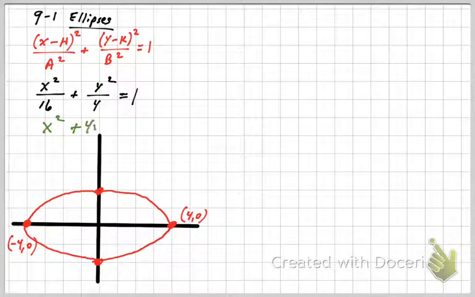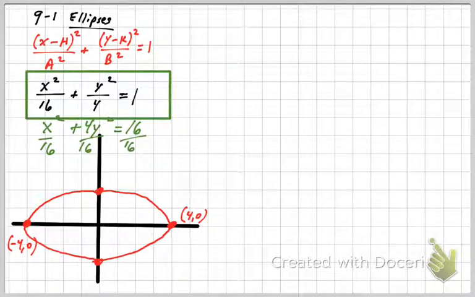X squared plus 4y squared equals 16. That's the exact same equation written differently. If you divide by 16, divide by 16, divide by 16, it's going to equal this. So yes, there are other ways of writing them.